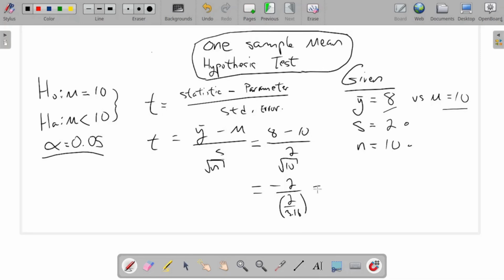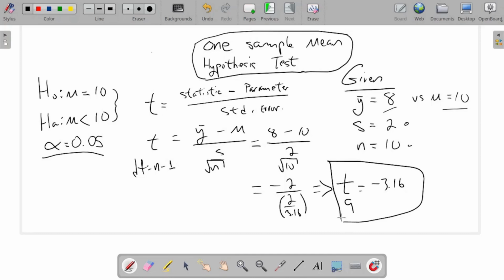At the end of the day, though, our test statistic is t on 9 degrees of freedom equal to negative 3.16. Degrees of freedom, by the way, for the one sample t-test is the sample size n minus 1.